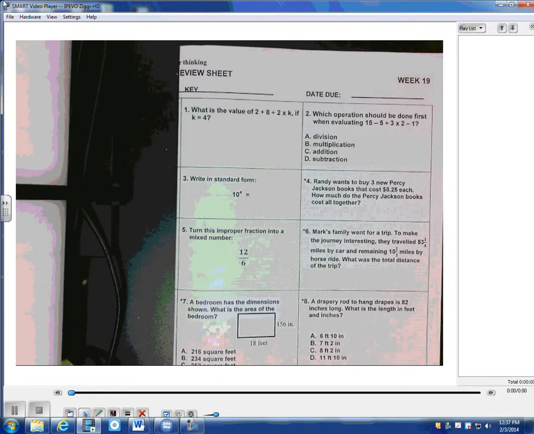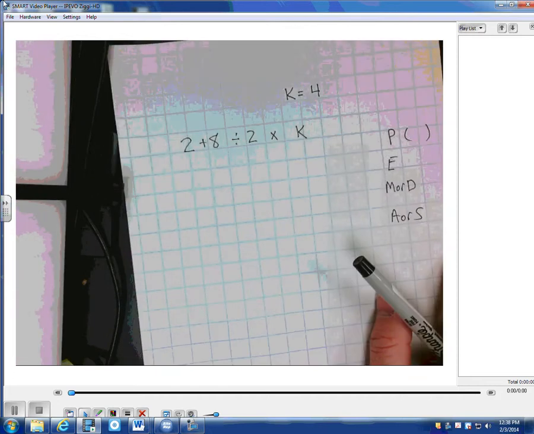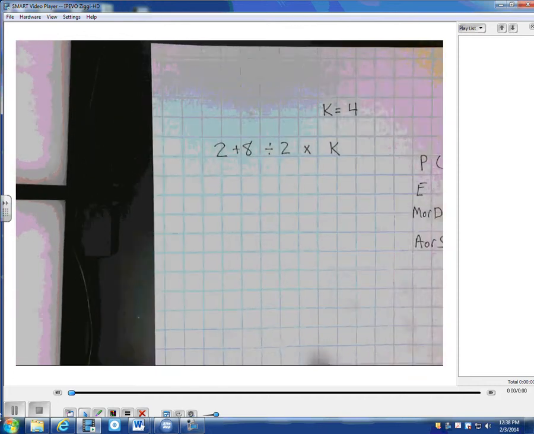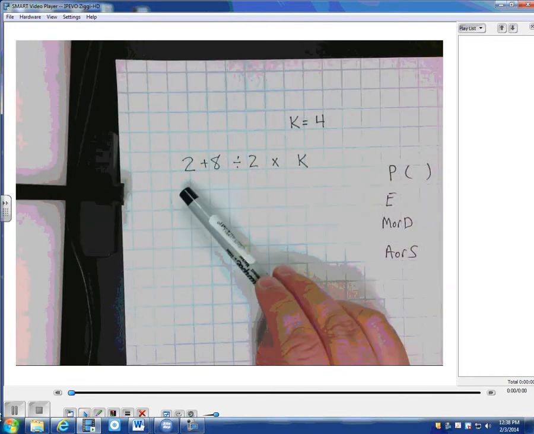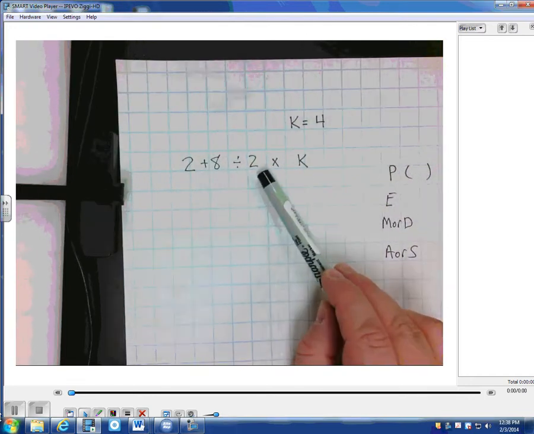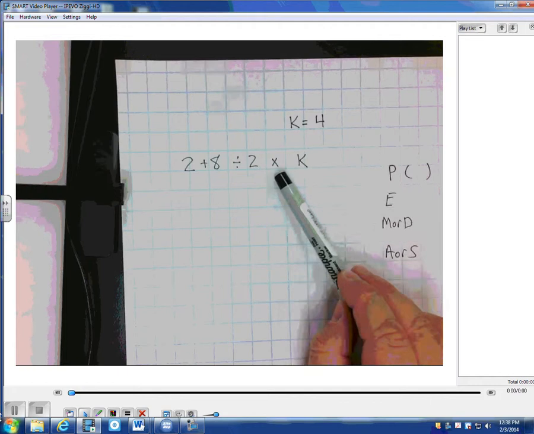It says, what is the value of 2 plus 8 divided by 2 times k if k equals 4? Okay, so let's take a closer look at this. Again, we have 2 plus 8 divided by 2 times the letter k.